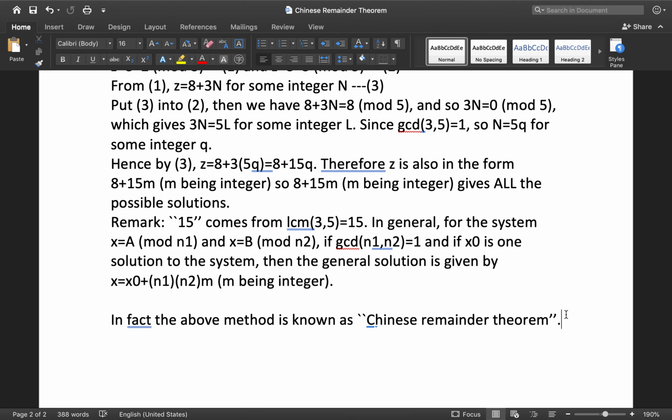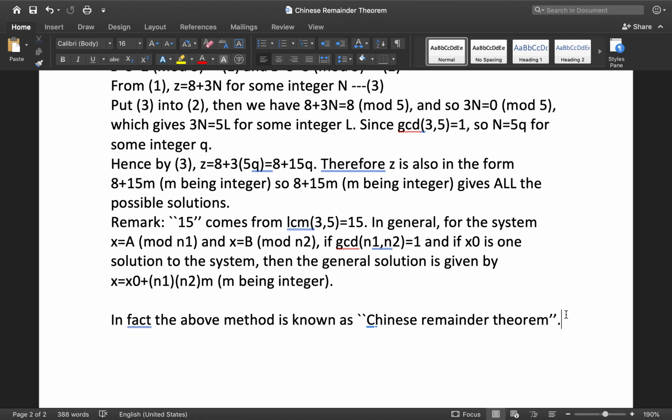Now we know how to solve a system of linear congruence equations with two equations. Of course, we are not satisfied with that, and in particular, I'm afraid maybe you still don't quite understand the method behind it. So I will give you an example of solving a system with three equations. You won't see any problem with four equations, because there is no big difference between 4 and 3, just more complicated.